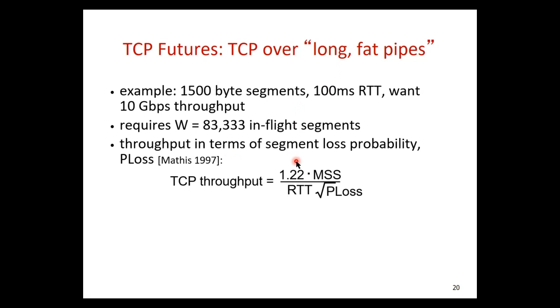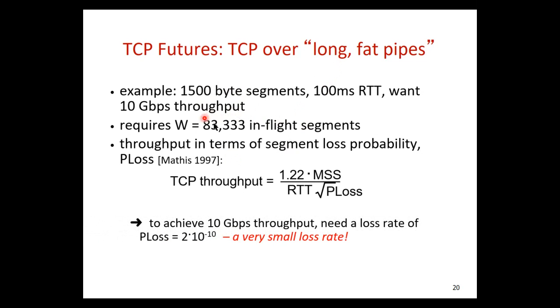And if you have packet loss, then you cannot maintain a large window, and your throughput is going to collapse. You're not required to memorize this equation, but the point of this equation is that you need a very low probability of packet loss in order to maintain the throughput.